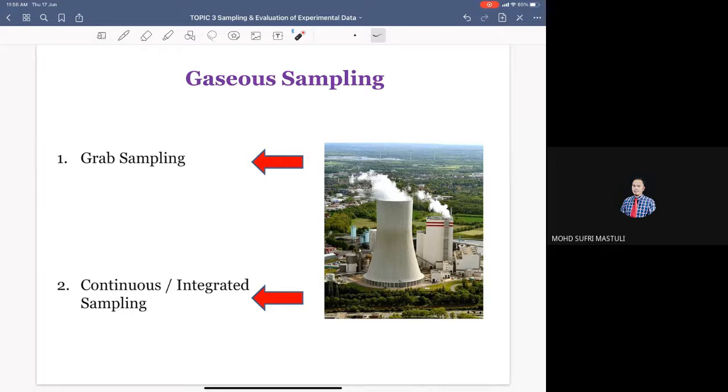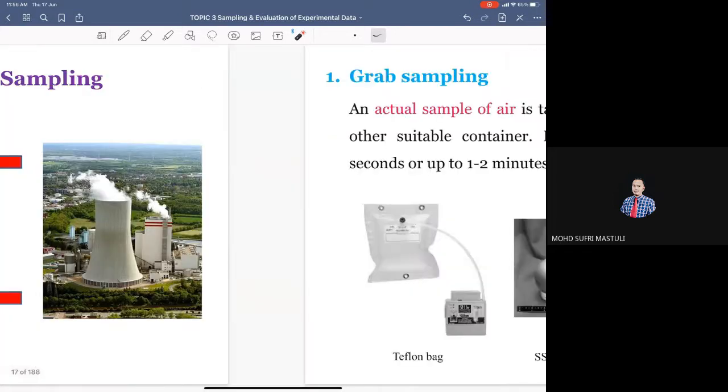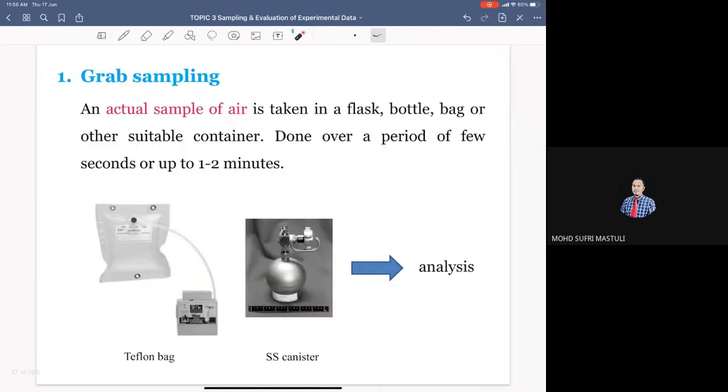The technique that we use for gas sampling can be grab sampling, or we can use continuous sampling. For grab sampling, normally we take the actual sample in a sample device.